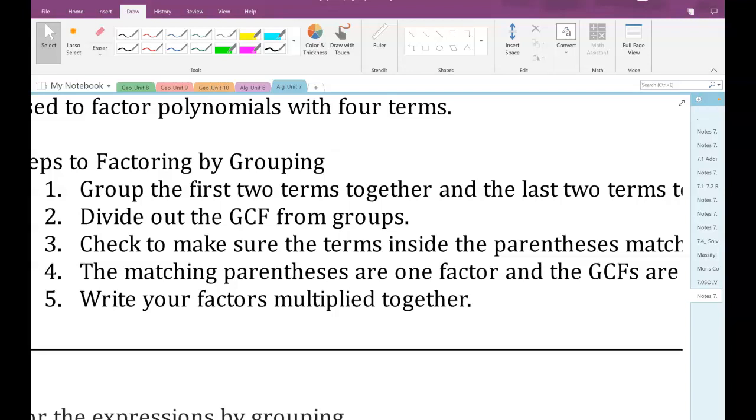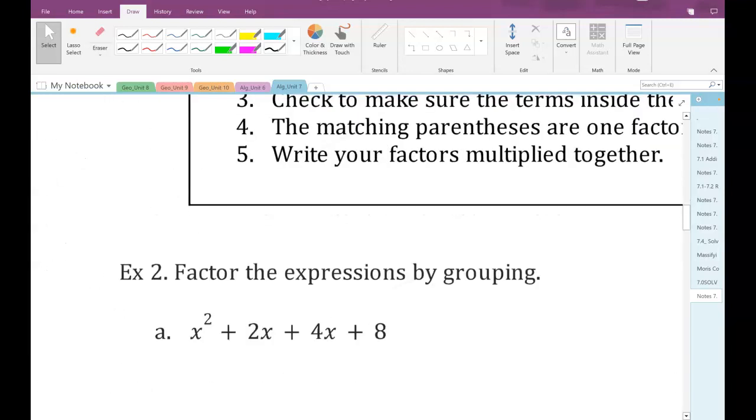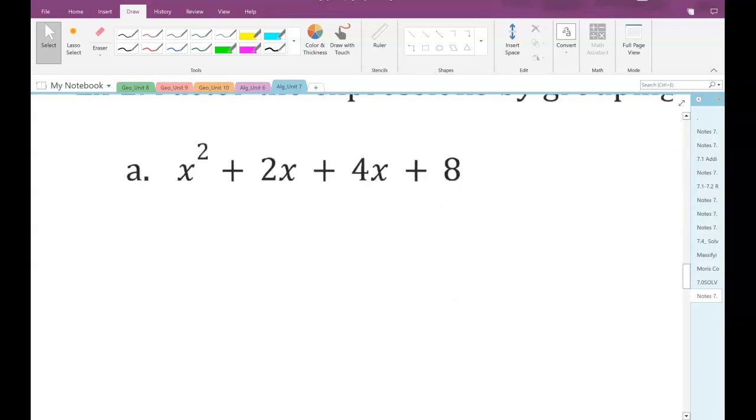So we're going to put these steps into action. I'll talk through which step I'm doing as I do this first example problem. So we have x squared plus 2x plus 4x plus 8. So we're going to group these together. Grouping means grouping with parentheses. So I do parentheses, and you should do it too, around your first 2 terms and around your next 2 terms.